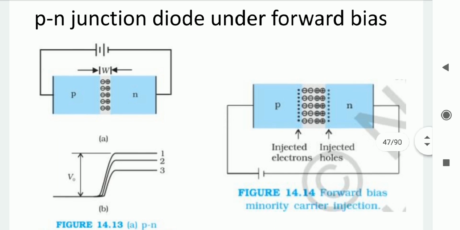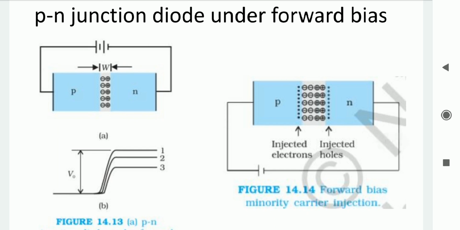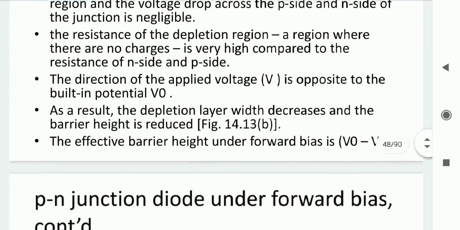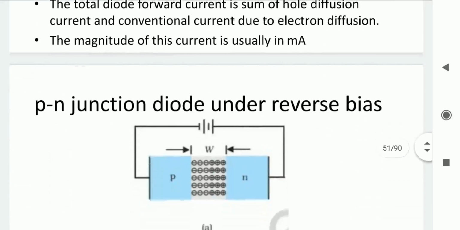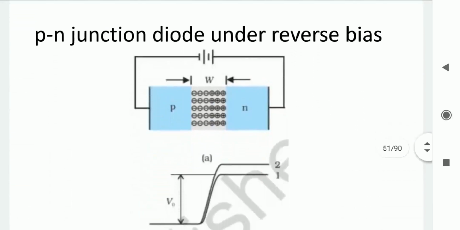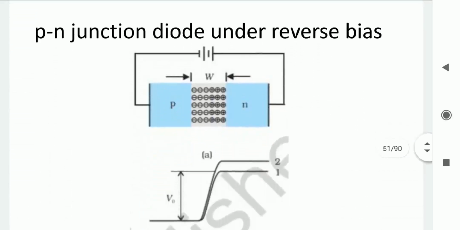So this is how the current conduction takes place while the PN junction is connected in forward bias. Now let us understand, if this PN junction is connected in the opposite voltage direction, it means in a reverse bias, then how it will work.